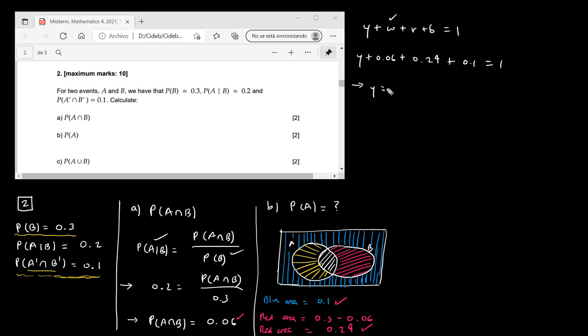Then y equals 0.6, and that's it. Okay, this is the yellow area, and therefore the probability of the event A, which is yellow plus white, is going to be 0.66.